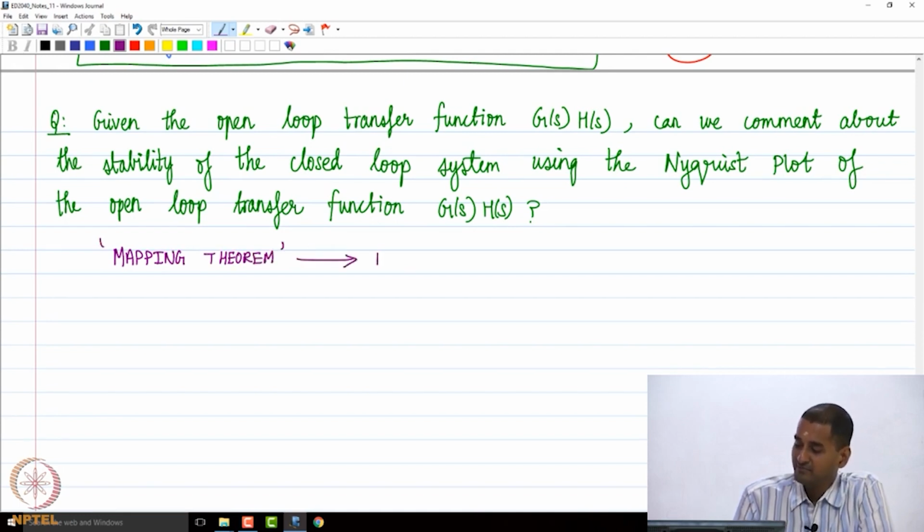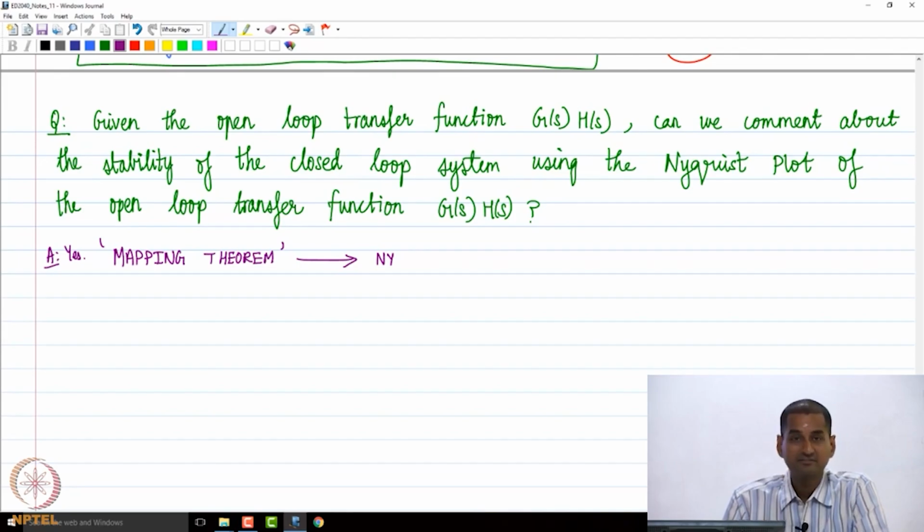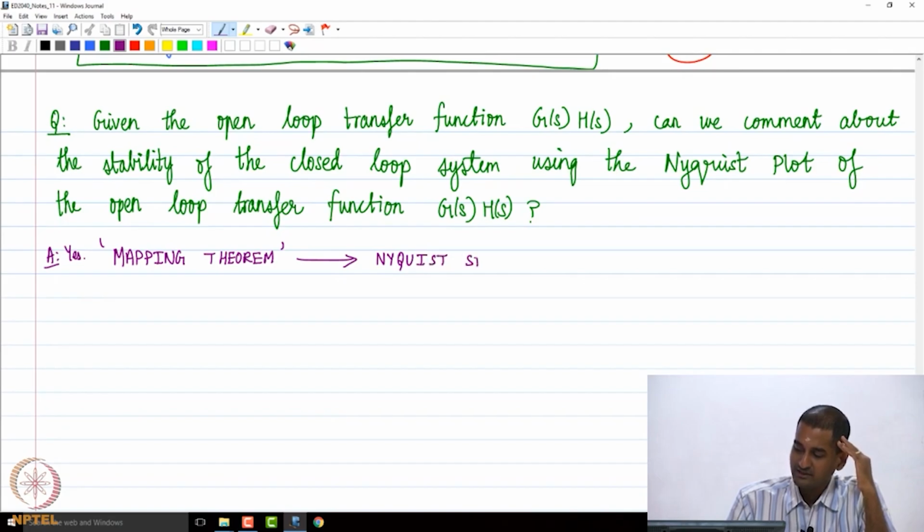The mapping theorem leads to the Nyquist stability criterion.